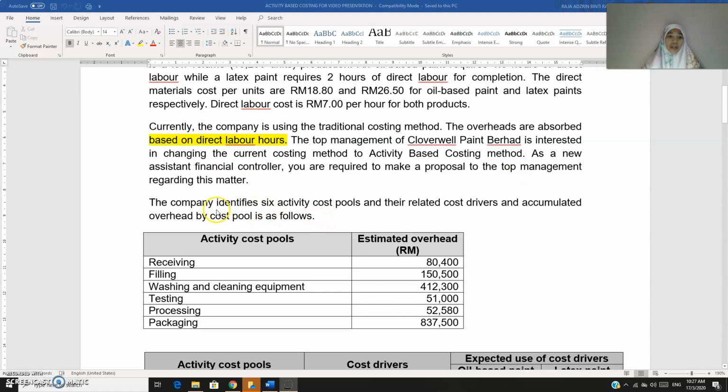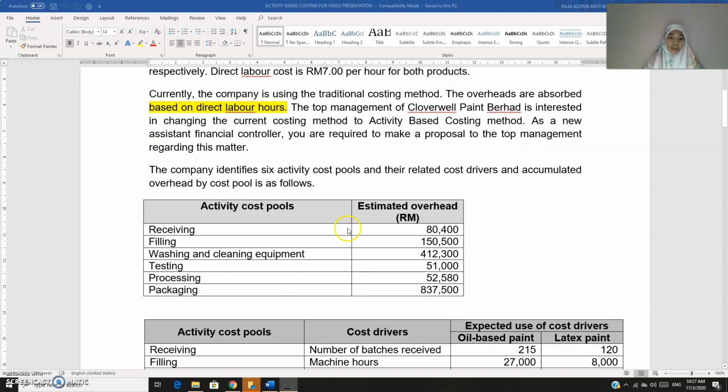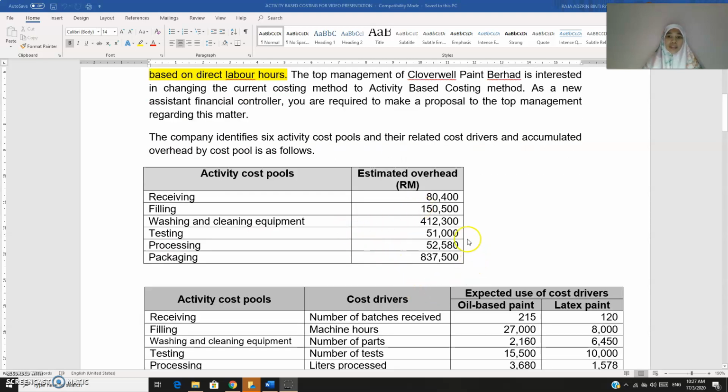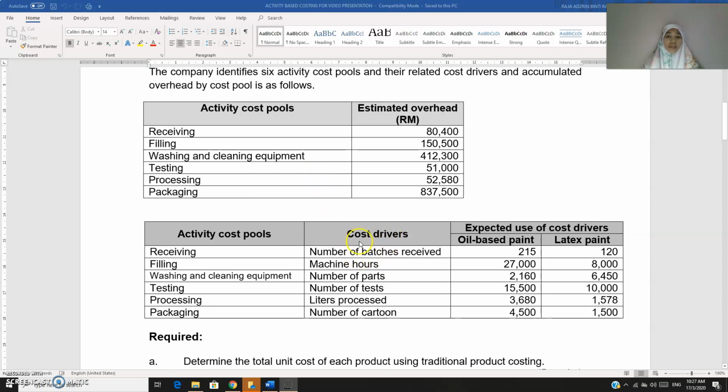On top of that, you are also being given the information whereby the company identifies 6 activity cost pools and their related cost drivers, as well as the accumulated overhead costs by the cost pool. So you have all these 6 activity cost pools and the estimated overhead cost. In addition, you are also being given the cost drivers for each of these activities.